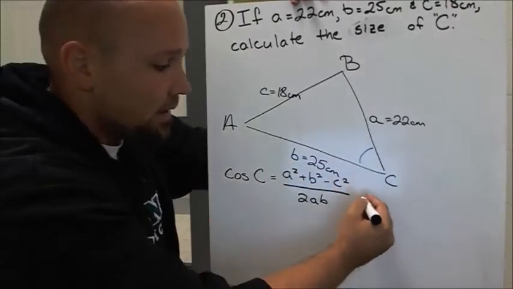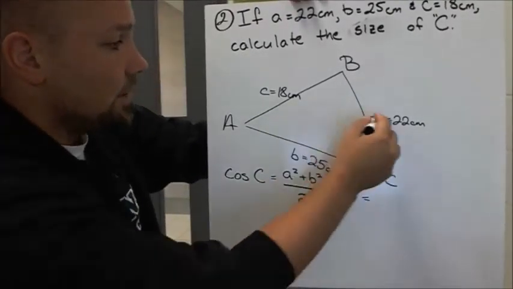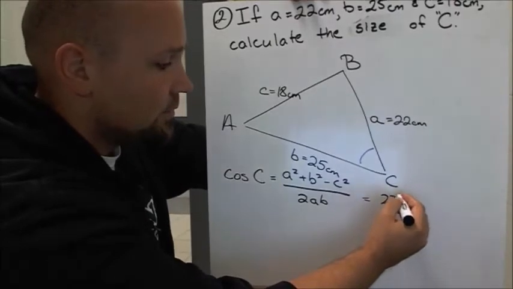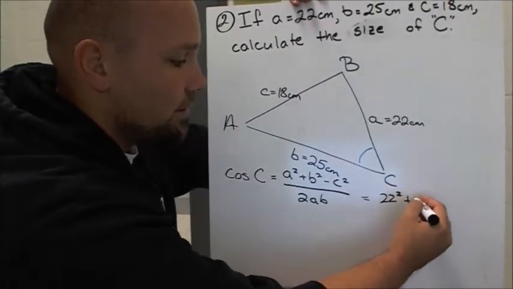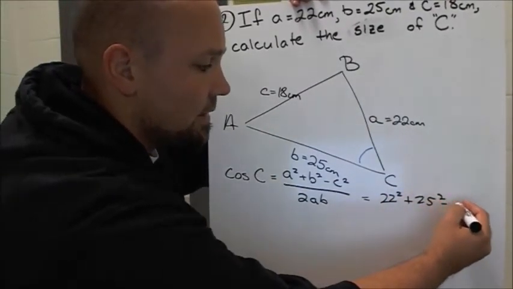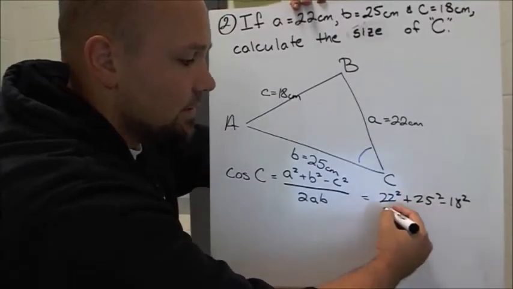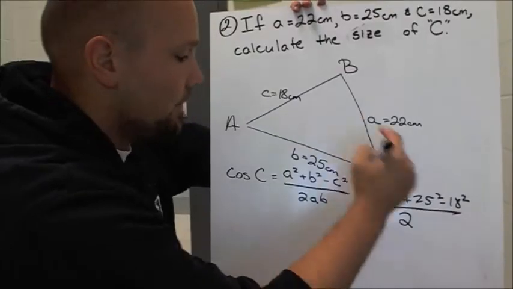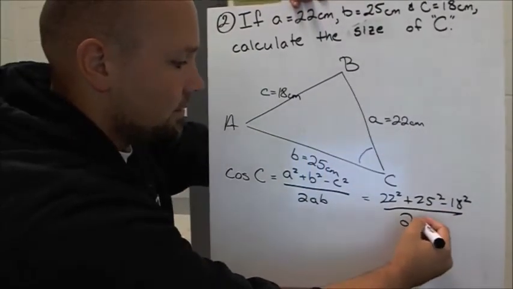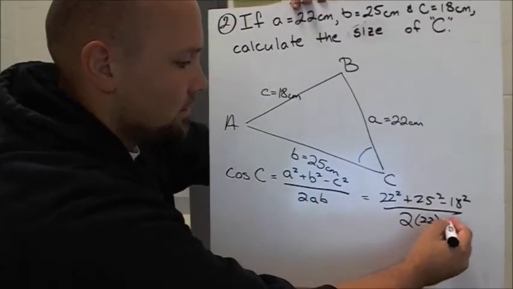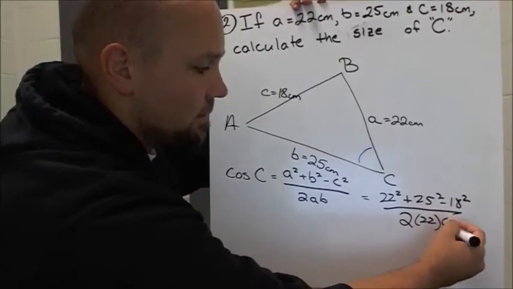Now, let's plug everything in. a squared is 22 squared, b squared is 25 squared, c squared is 18 squared. So a squared plus b squared minus c squared over 2ab.